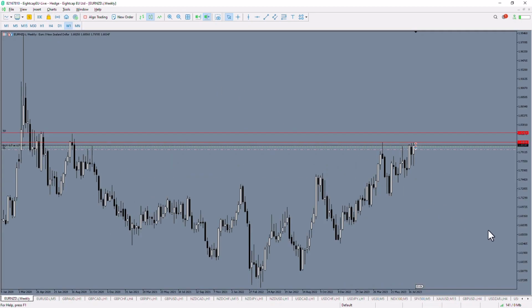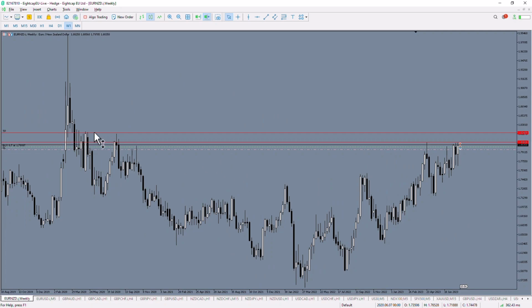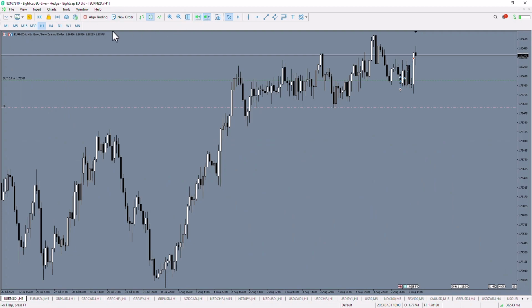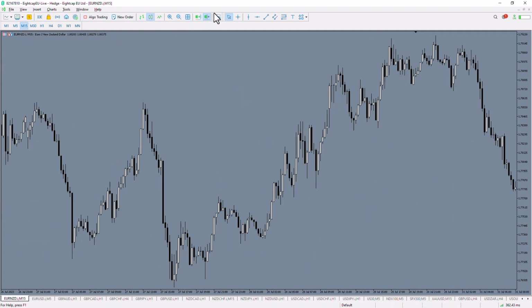But my drawing liquidity is on the weekly chart, where we got the relative equal highs at this area. That's where we're headed to. But I drew this second line because of this closer buy side liquidity, which clearly looks like where we are headed to right now. So moving on back down to the 15 minutes chart.